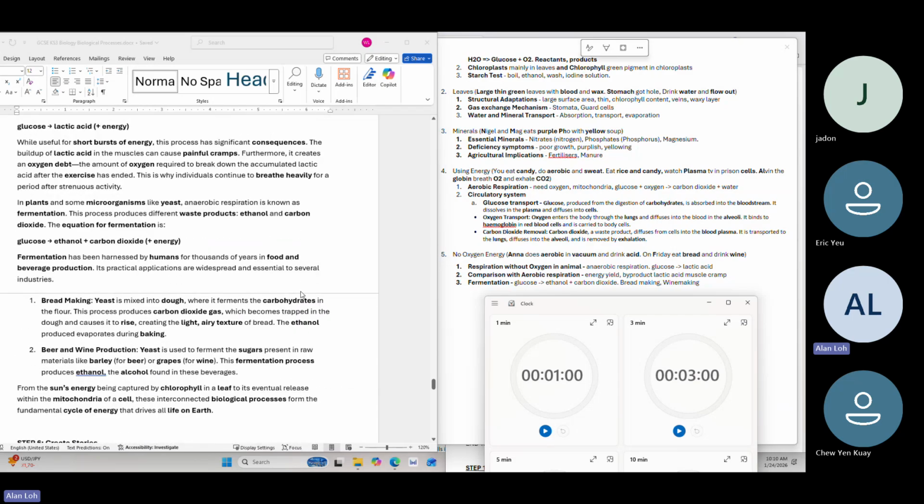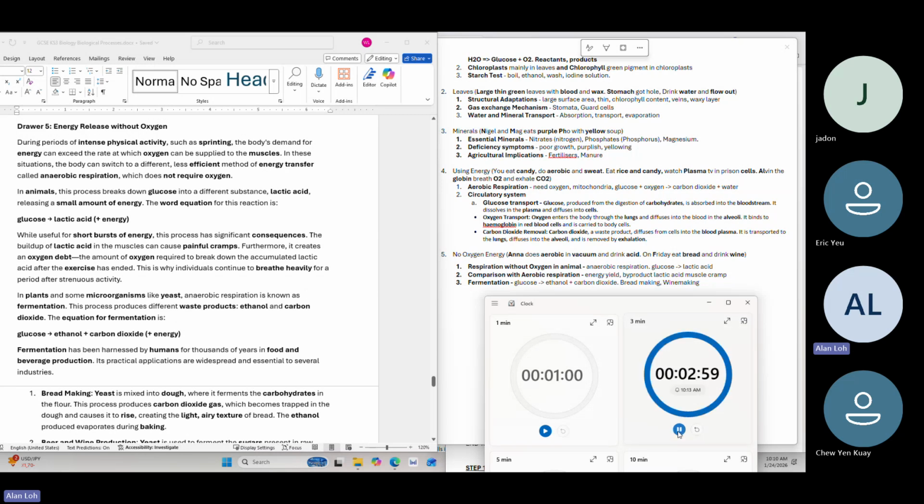Anaerobic. Okay, last drawer. Let's start now. Also 2 minutes. One more minute.